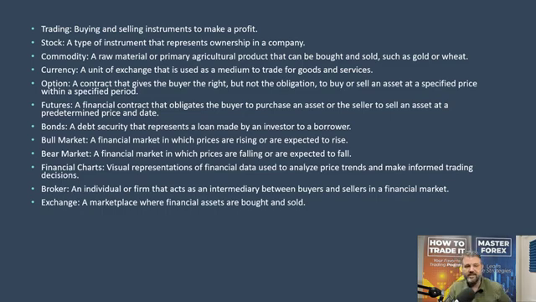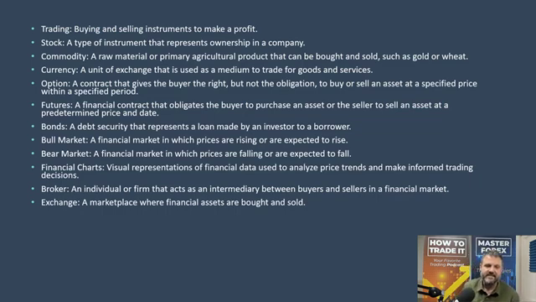And then a broker is an individual or firm that acts as an intermediary between buyers and sellers in a financial market. And then there's also the market maker, the person that holds all the money and is doing the orders. A lot of times the broker isn't the market maker. The broker is just the middleman, and the market maker is the one that holds all the cash. They both get a tiny piece of the action. And market makers make a lot of money when something goes up or down, and they're holding a lot of it.